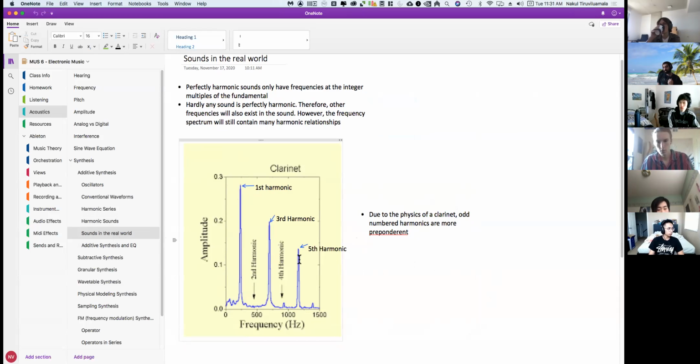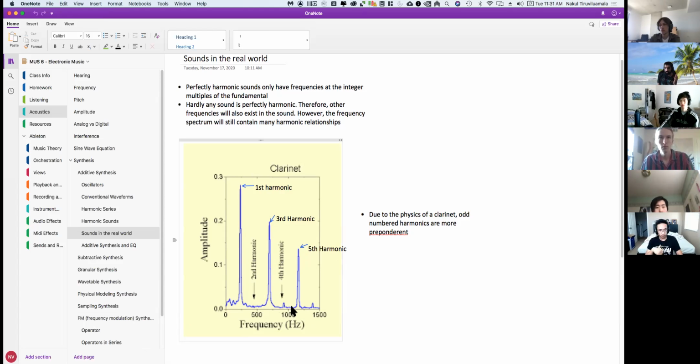This is due to the physics of a clarinet, where you see harmonics at these particular odd numbered values. So if this frequency was 100, you would see a harmonic at the frequency of 300, and a harmonic at the frequency of 500. However, you're also seeing a bunch of other sound at random places. That's because the physics of the clarinet, or of mostly any real world instrument, doesn't lead to perfectly harmonic sounds.